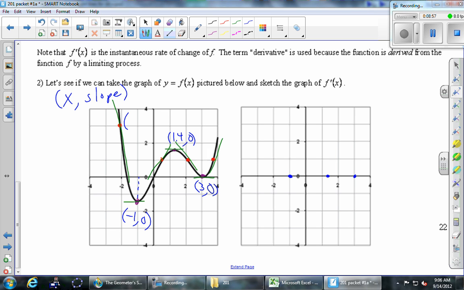What's the x coordinate? -2, and then the slope we said we'll just go -6, but again, it doesn't have to be exactly that number. And so you plot the point, -2, -6. We see how this works? And we're starting to get a sense of the shape of the derivative over there.